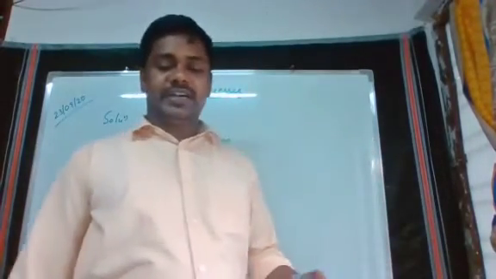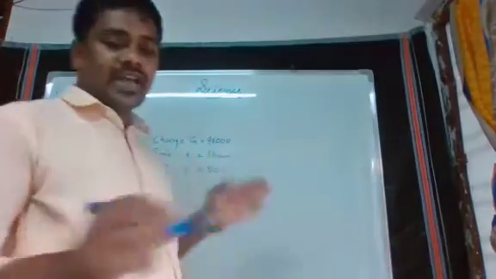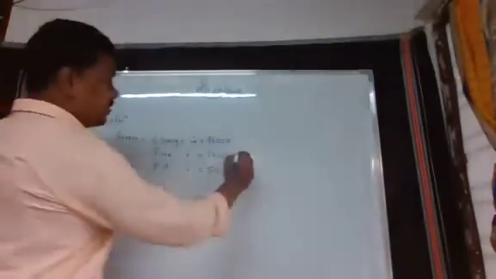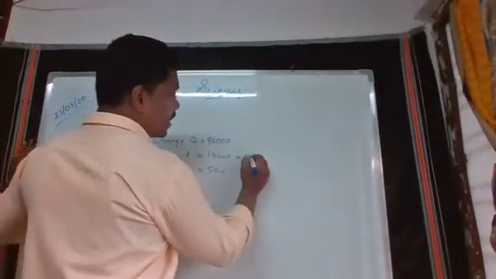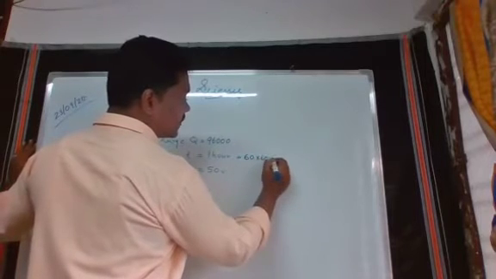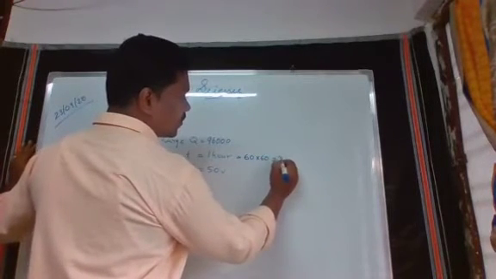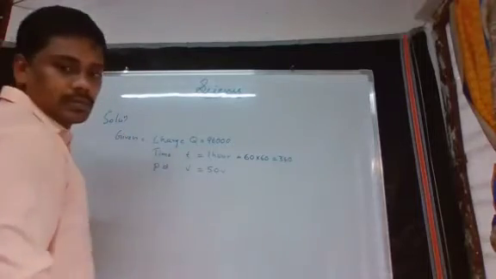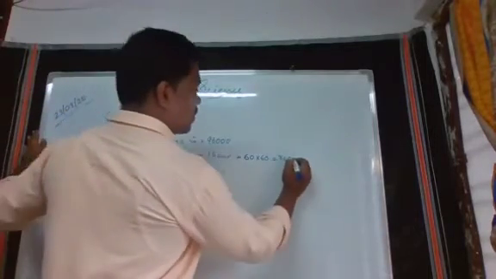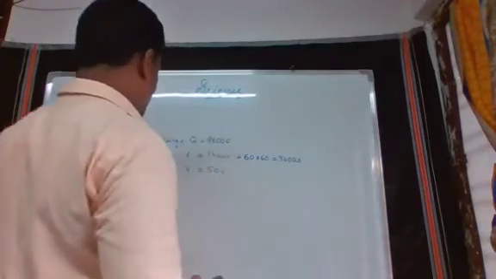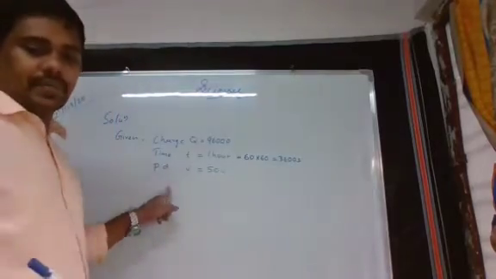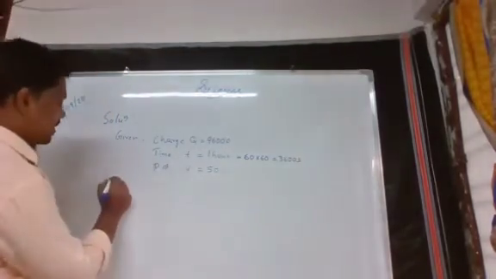So, charge is given, time we have to change it to second, and potential difference V is there. So, let us calculate current.